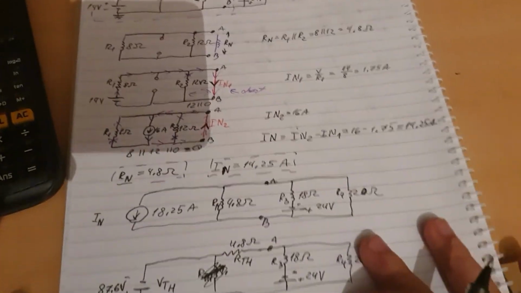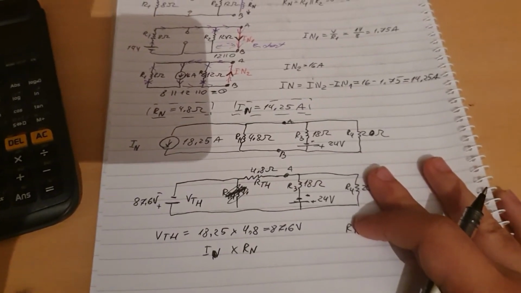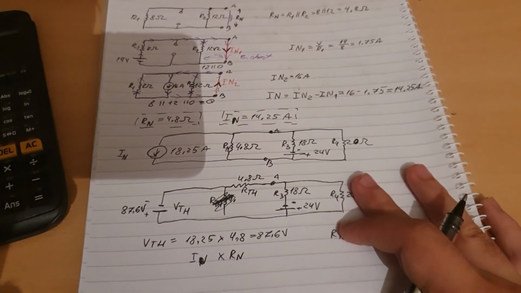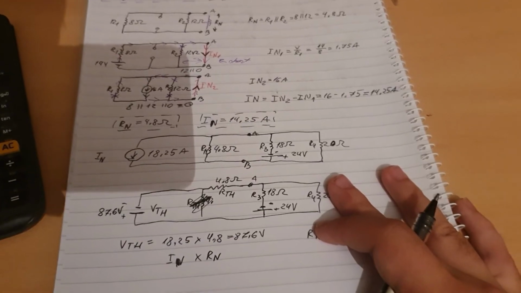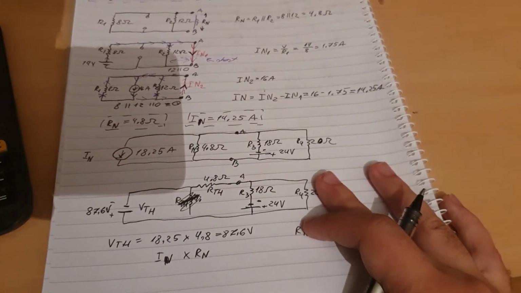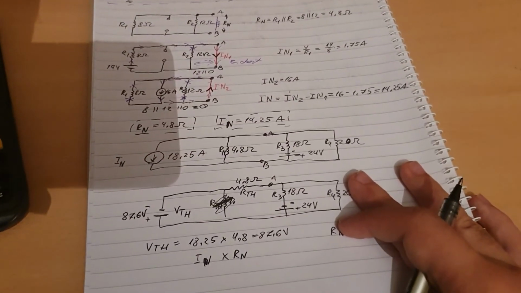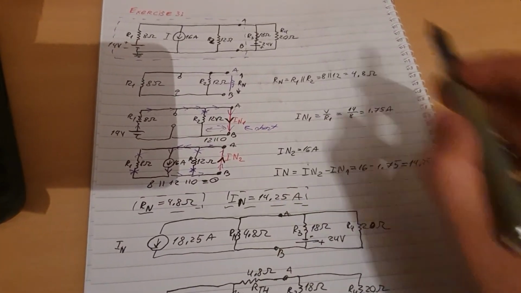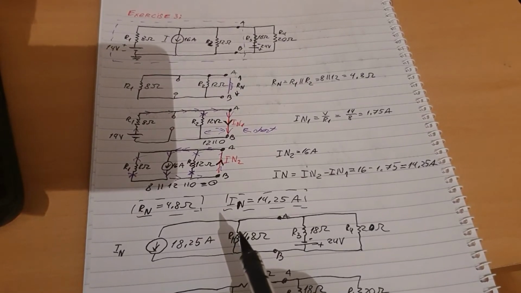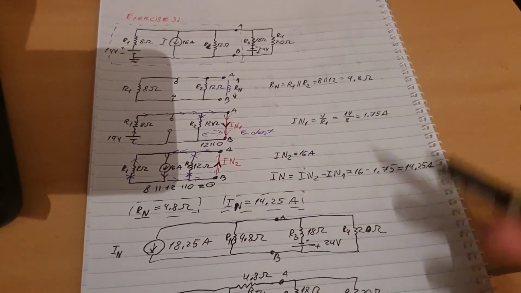Exercise number 3. So hopefully you understand how to do it. It's very similar to Thevenin, with the exception of a few rules, with the exception that you use current instead of using voltage to calculate it. And it depends, you need to choose when this method becomes easier than Thevenin, and when Thevenin is easier than this method.